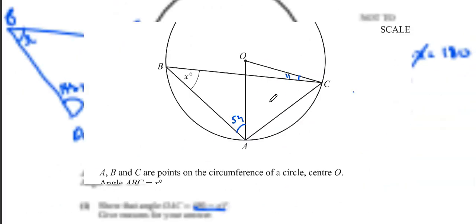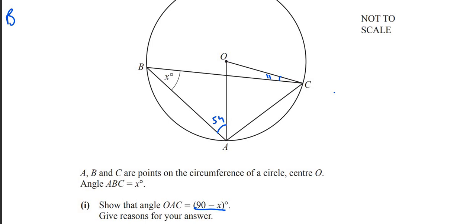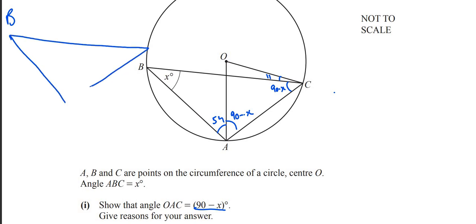Do you guys agree that we have already calculated this as 90 minus x and this side is also 90 minus x? So this whole triangle is A, B and C. So look, this B is x. What's angle A? It's 54 plus 90, which is actually 144 minus x.